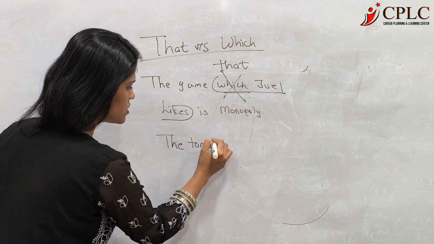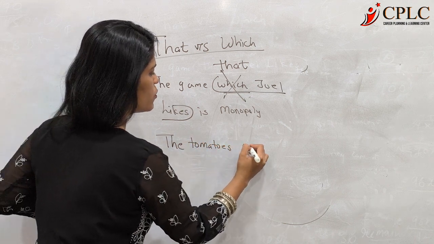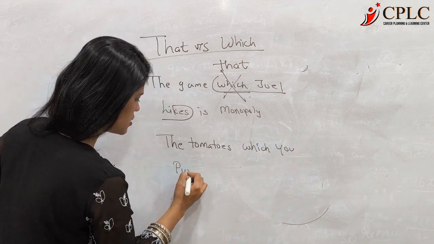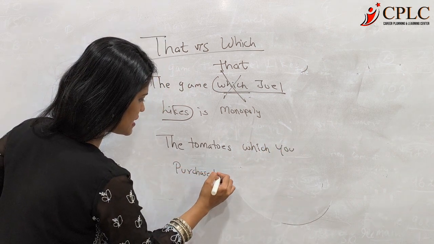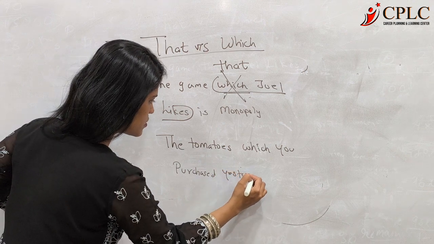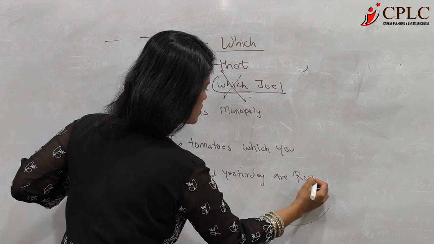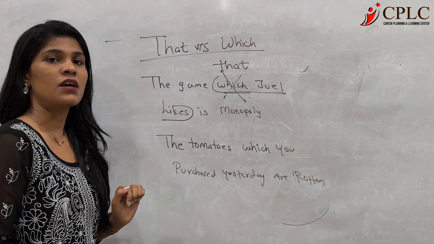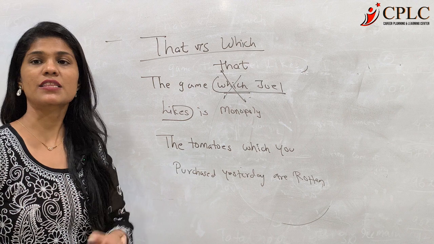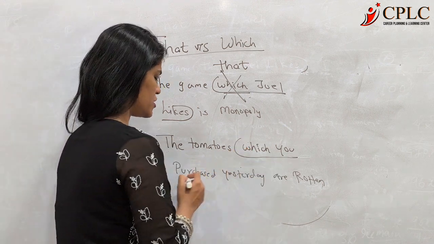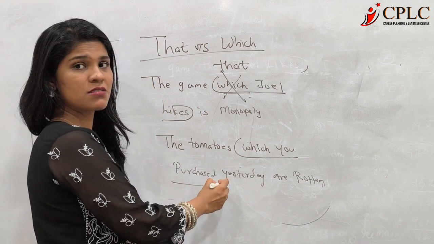The tomatoes which you purchased yesterday are rotten. How will we do this? Come on, tell me, which के साथ क्या क्या words आ रहे हैं? Which you purchased yesterday.